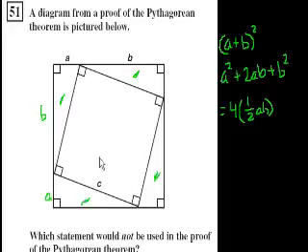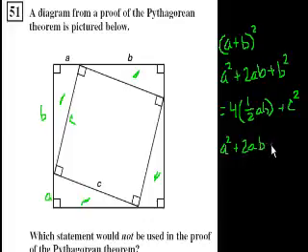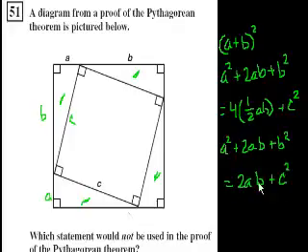And then we want to add the area of this inside square, and that's just going to be C squared, right? This side is C, that side is C. So plus C squared. Let's see if we can simplify this. You get A squared plus 2AB plus B squared is equal to 4 times 1/2, which is 2AB, plus C squared.